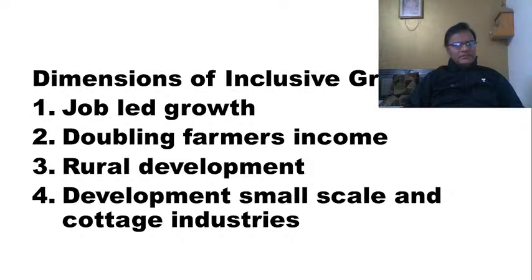Why? Because when economic growth has taken place all over the world, not only in India, it only led to rich people becoming richer at the cost of poor people, because it did not result in any drastic improvement in the standards of poor people.